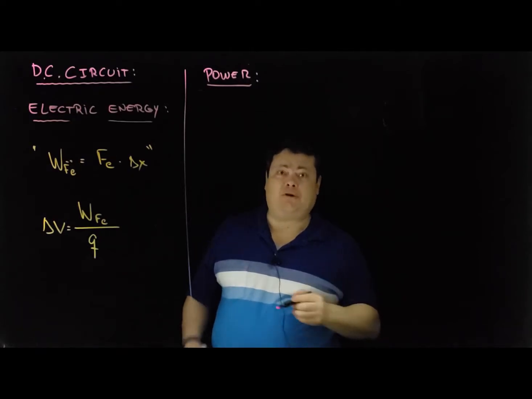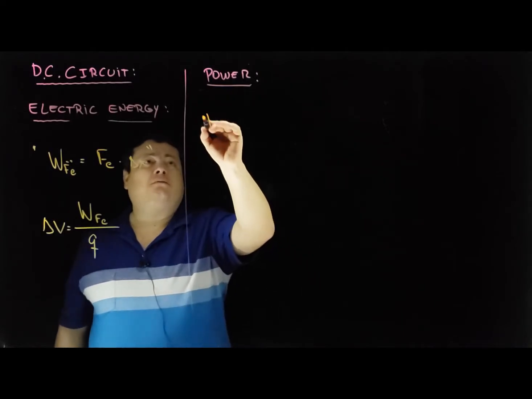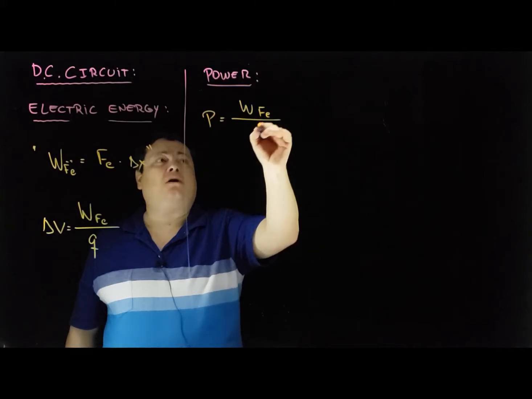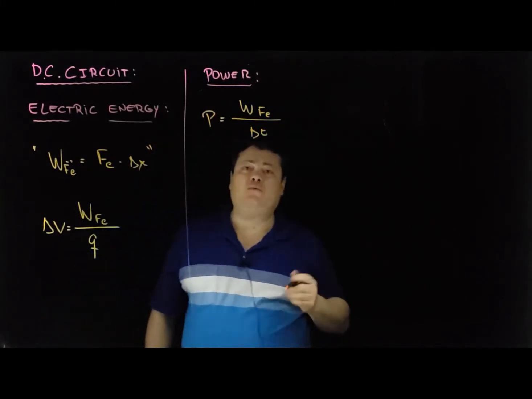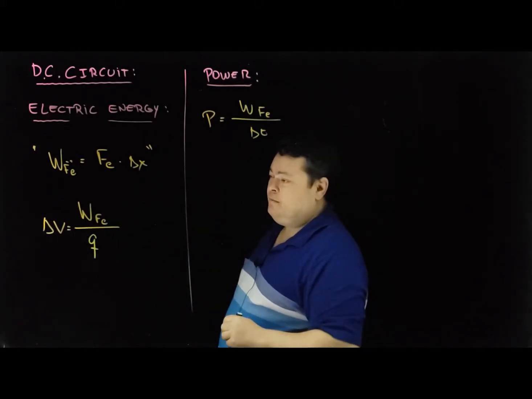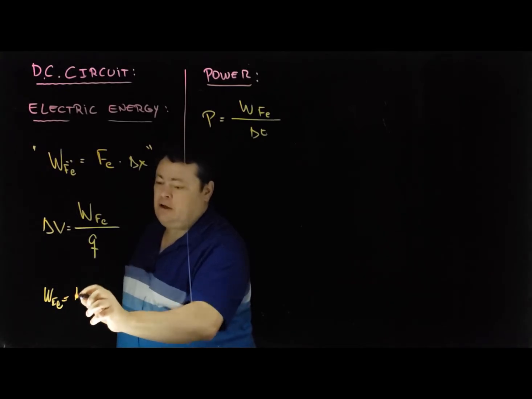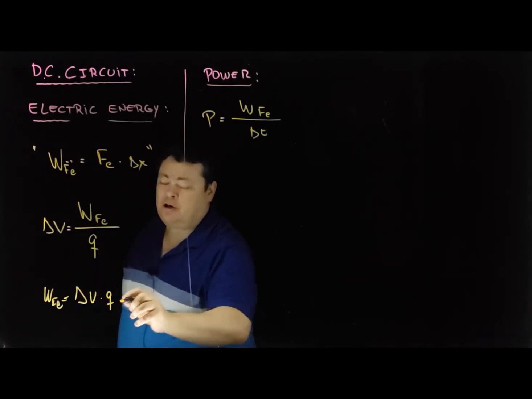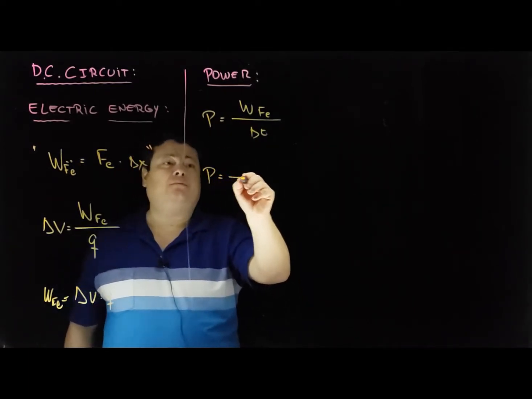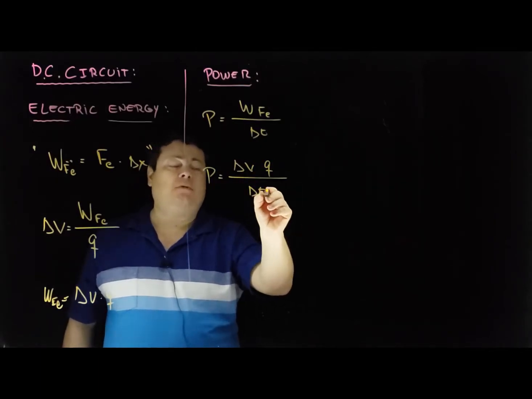It is electric power. Now, power, by definition, is change of energy, or work, divided by time. This is what power is. If we look at our very first equation, the work done by the electric force is voltage multiplied by charge. So I can plug this back into my equation for power: voltage multiplied by charge divided by time.